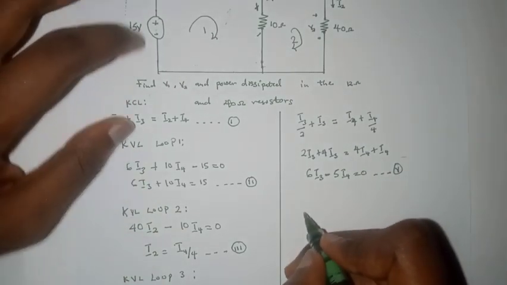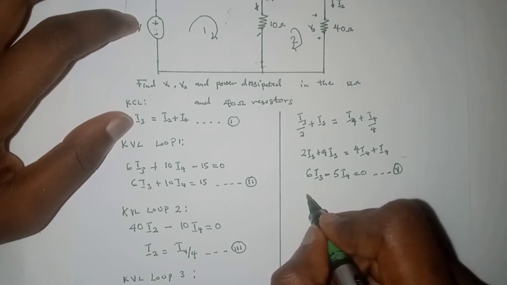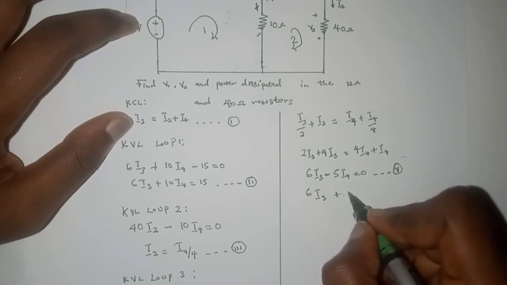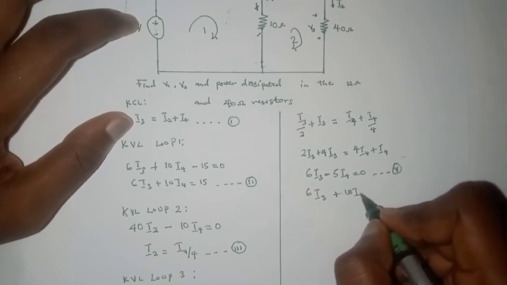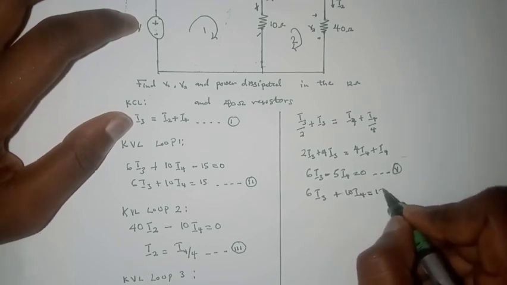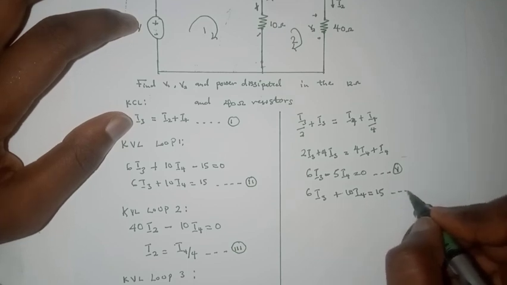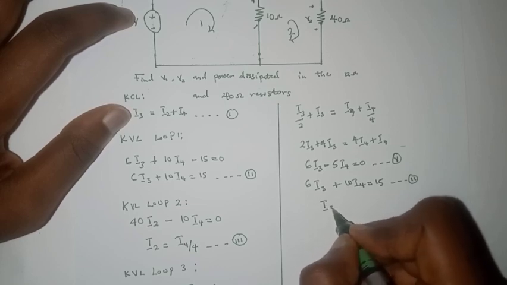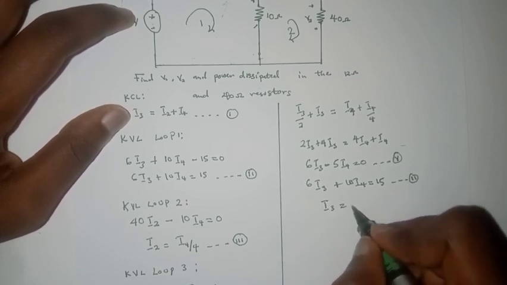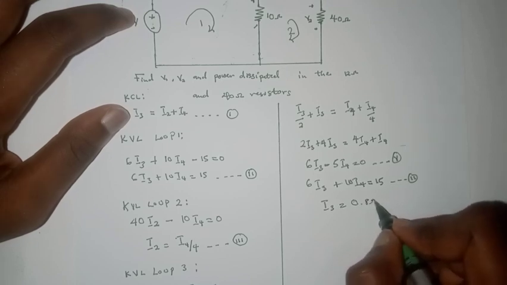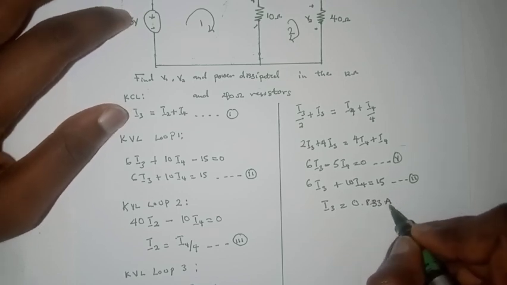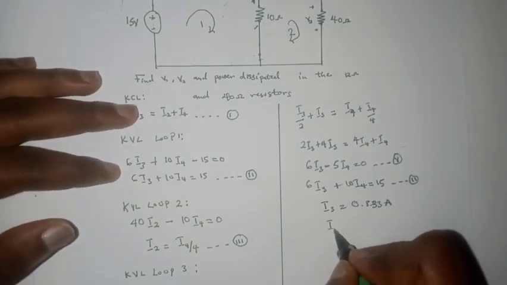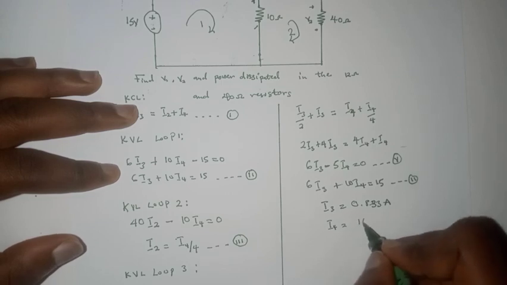If we proceed to solve this equation simultaneously with the second equation, we arrive at I3 being equal to 0.833 amperes and I4 being equal to 1 ampere.